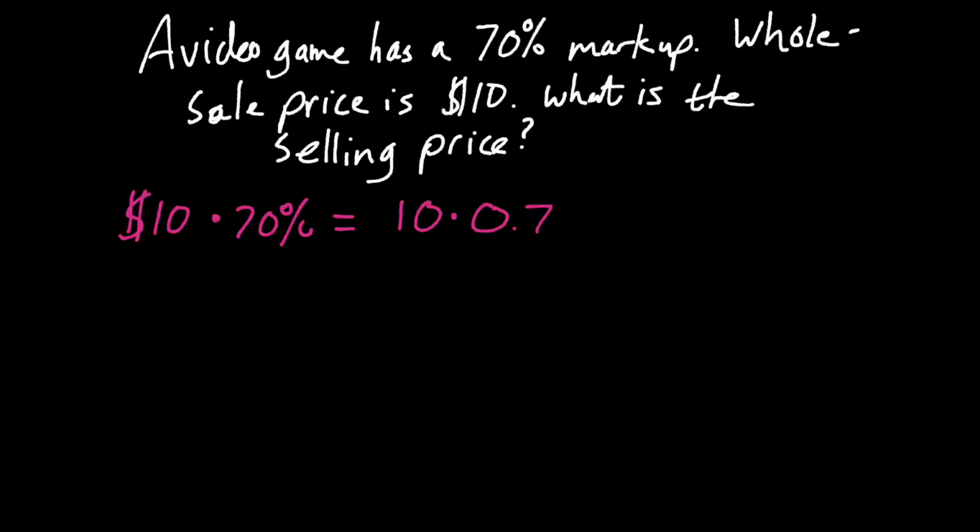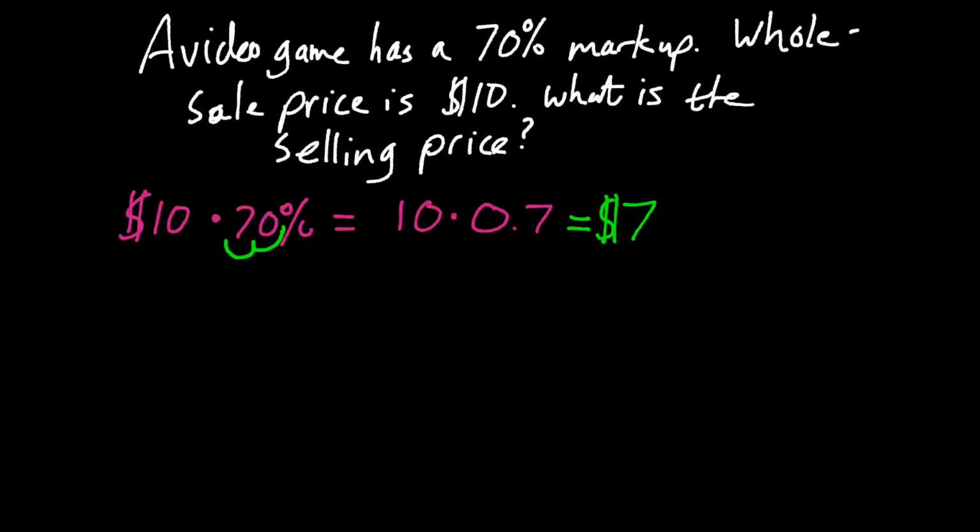Since, as we've done this in the past two examples, and I'll do it again, I have a whole number 70, which means my decimal is at the end, and I can move the decimal 2 spaces to the left to make our decimal 0.7. And when I multiply 10 times 0.7, we get 7, which means it is $7, or $7 is the 70% markup.